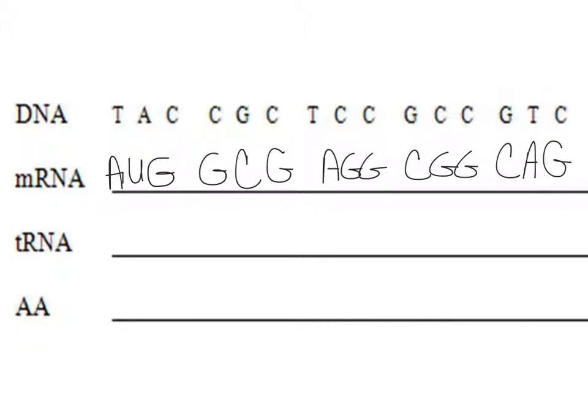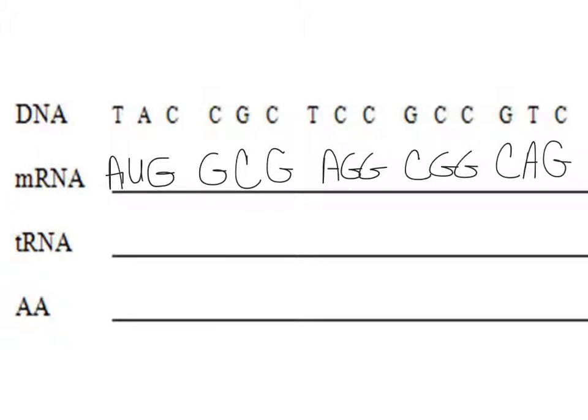Now, the tRNA in translation base pairs with the mRNA. So basically we're going back to our DNA script, except we need to remember that we don't have any T's. All we have are U's. So for tRNA, if we're going backwards, then we base pair with A, that's a T. We base pair with U. Oops, see, I just did it. We can't have T's.